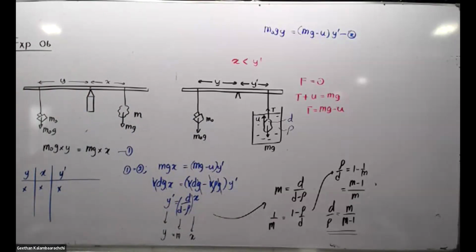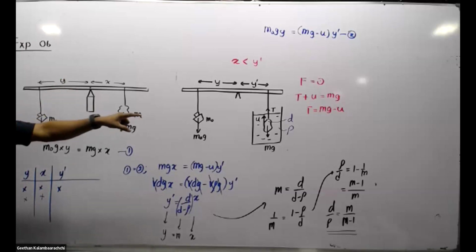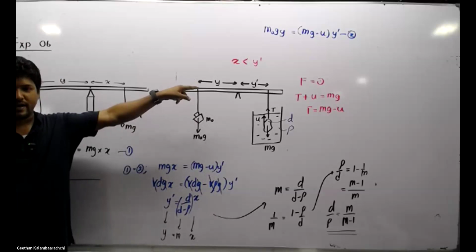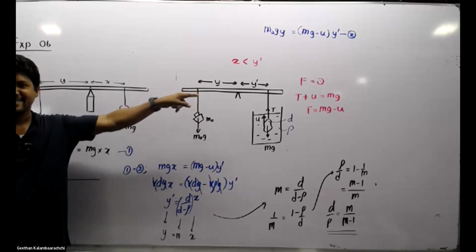So in the second round, the first reading set is done. In the second round, you change y a bit. When you change y a bit, x will change. Then you write those values. And once you immerse that in water, you get a new y dash value also, right?